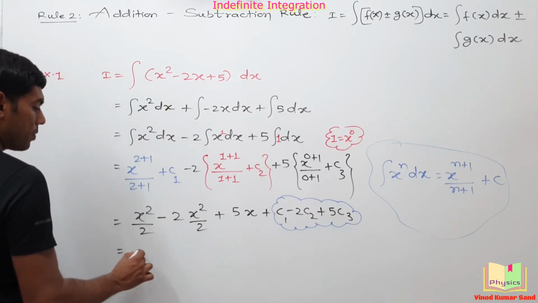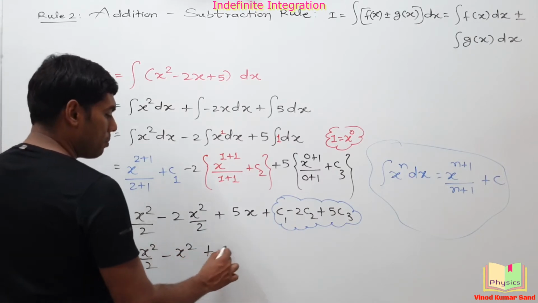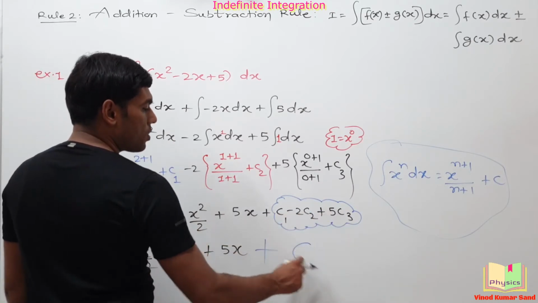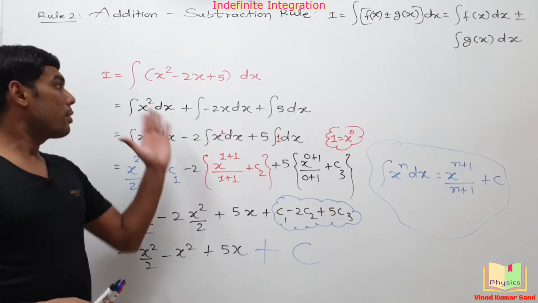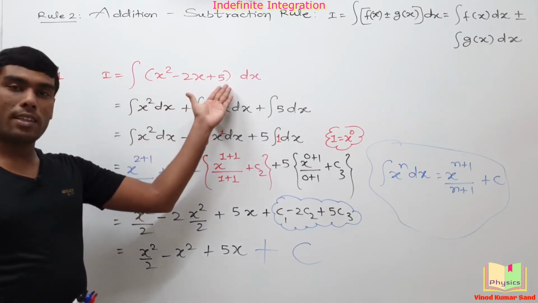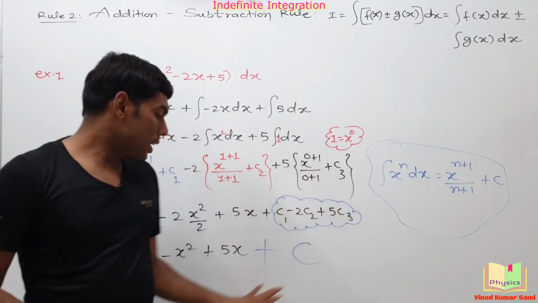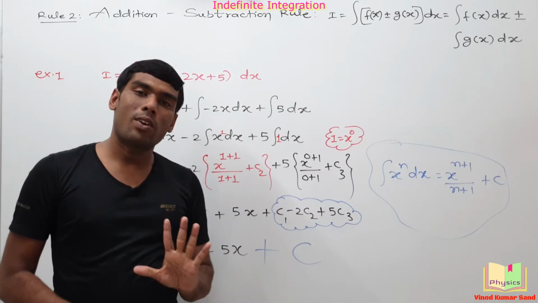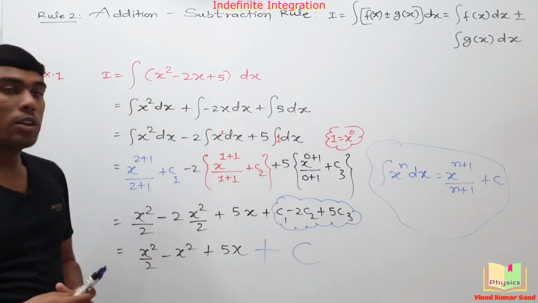Simplifying it further, x square by 2 minus x square plus 5x, and this is a single constant c. So next time onwards, if you have functions like these, instead of writing the individual constants at the last line of your answer, you can put only a single constant. Fine. Note it down.